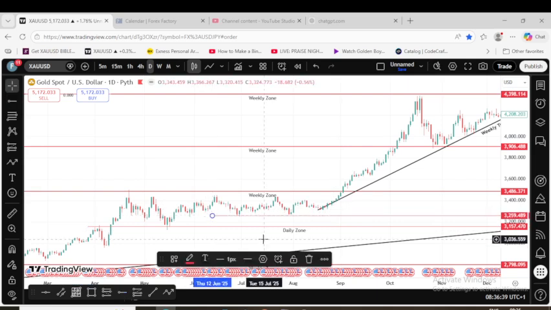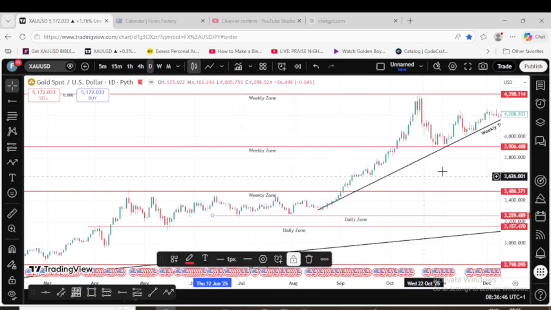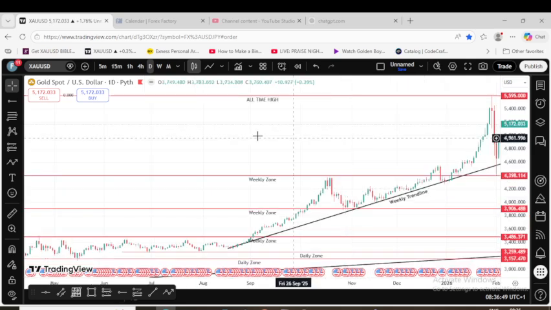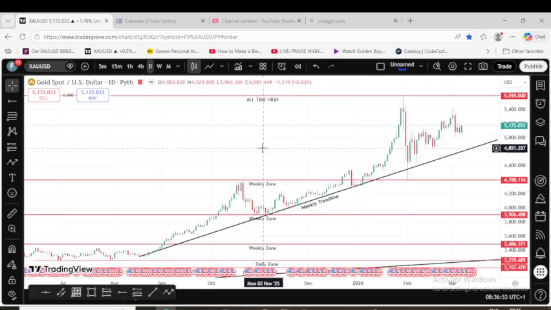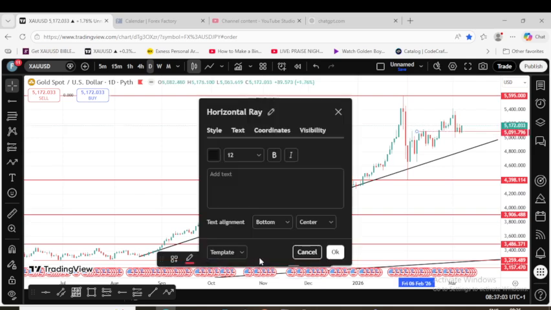We have another daily zone here. We have a zone here. Another daily zone.